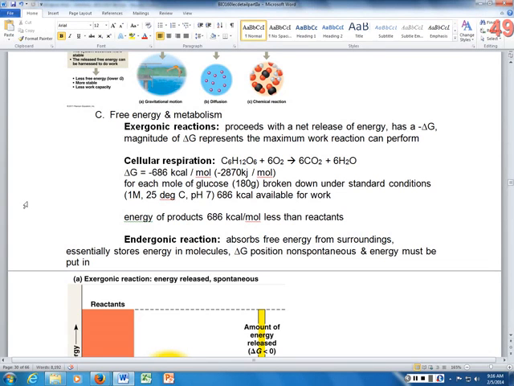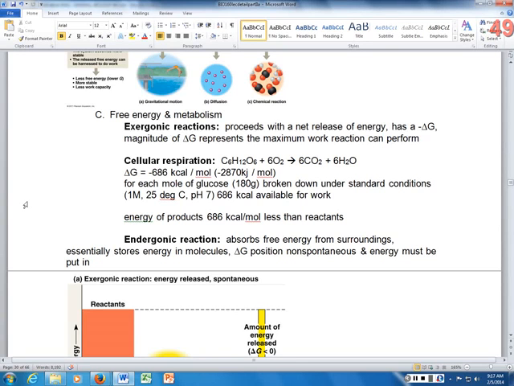So if you eat cookies and you're breaking down the glucose in your body, is that going to be exergonic or endergonic? Exergonic. It's going to release energy that you're going to have as calories, and if you don't burn them up, you'll turn it to fat.